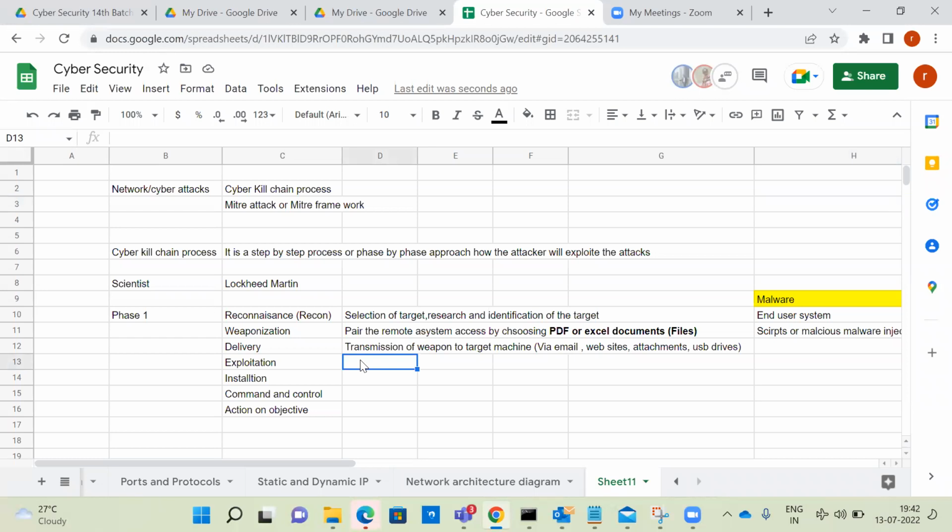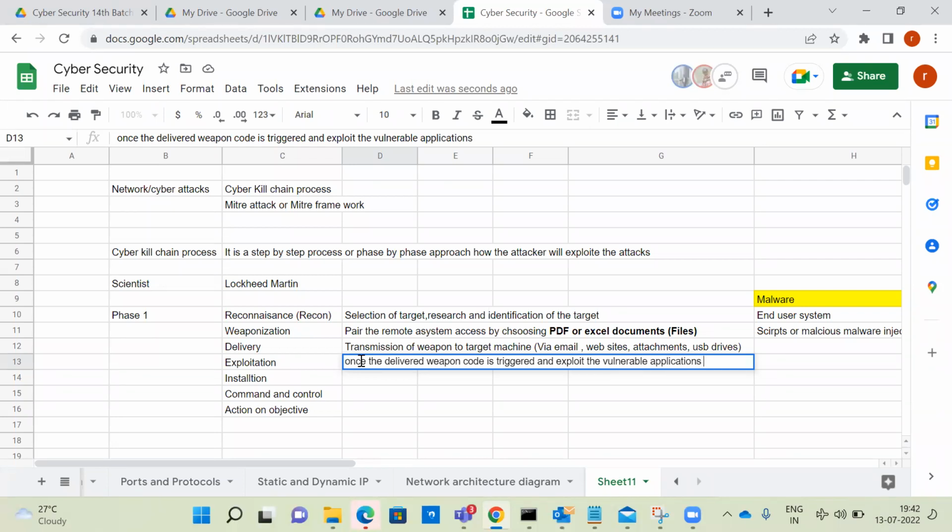Once the weapon is delivered, the code is triggered on the target machine, exploiting the vulnerable applications or systems.